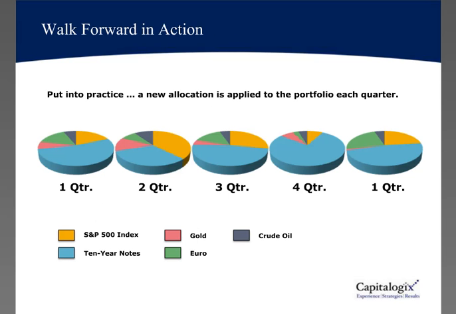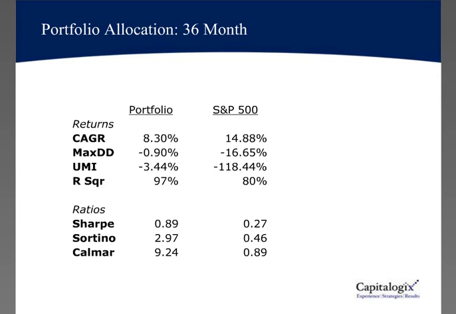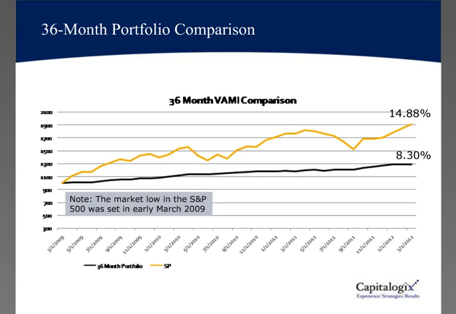Now, I'm just going to go back here for a second, and what I want to do is take a look at this chart. This is the 36 monthly VAMI, Value Added Monthly Index comparison. It's just an easy way to compare 2 different markets or a market against a portfolio. And what I did is I went back to early part of 09.